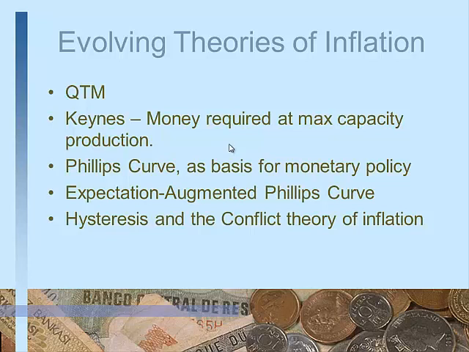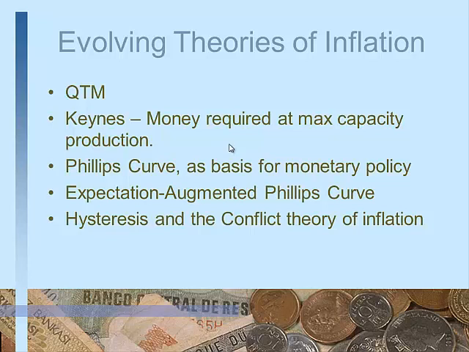But it broke down in the 70s, and then we have already discussed the Friedman theory of the expectation augmented Phillips curve. Even though this theory is wrong as an explanation of inflation, it was adopted and used for policy, and this caused a lot of damage.